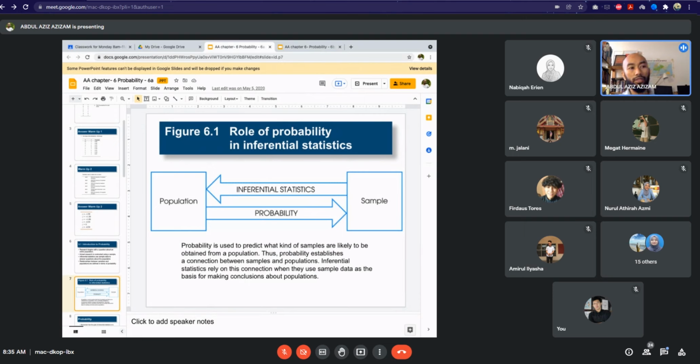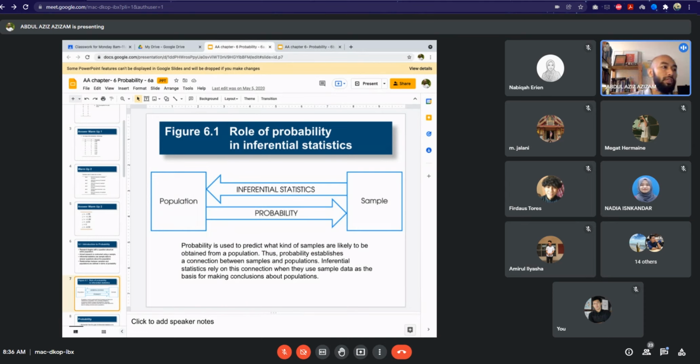From the populations, we run the probability measures. And then we take sample, and from sample, we run the inferential statistic, and then the result from the inferential statistic will translate, or we represent, the population itself.